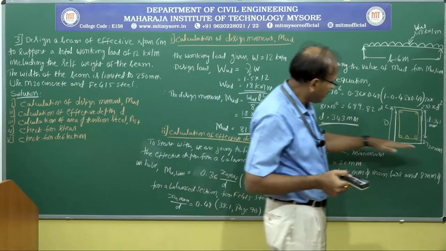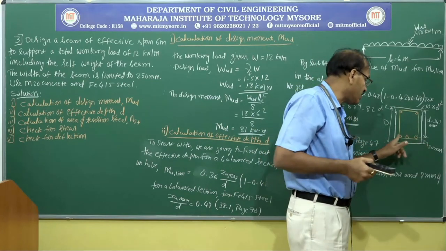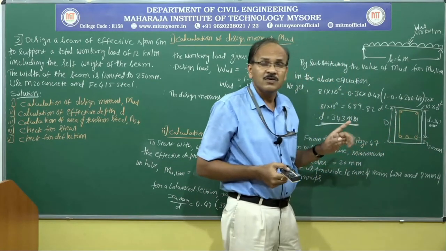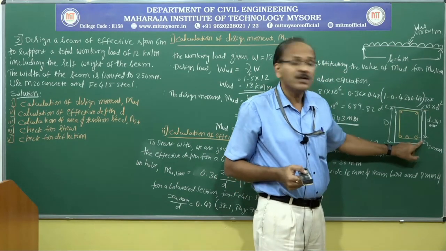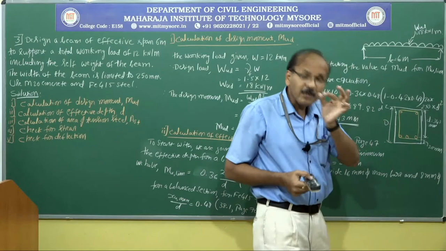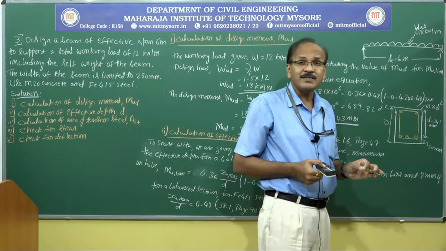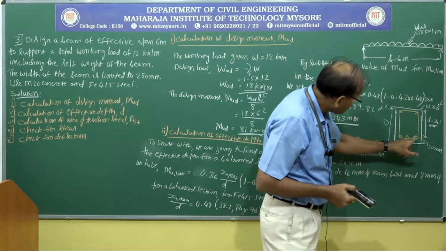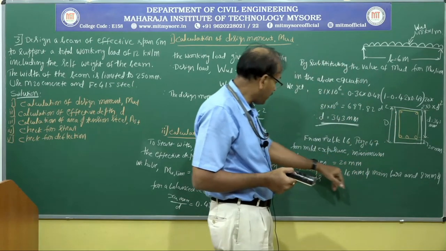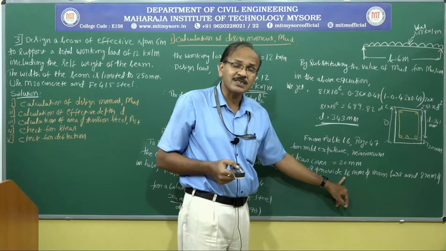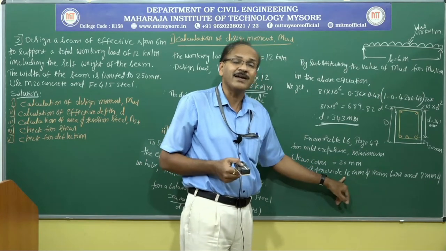Effective cover we are going to measure from the compression edge to the centroid of the tension steel. So what it is? Effective cover is 20 millimeter, that is a clear cover, plus the diameter of the stirrup, that is 8 millimeter, plus half the diameter of the main bar. We are using 16 millimeter, so 16 millimeter by 2.